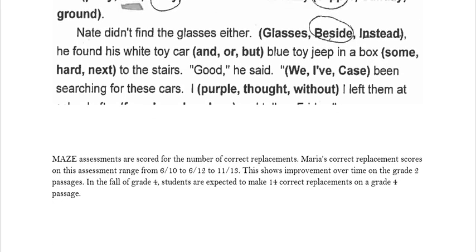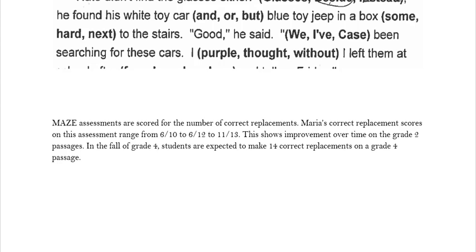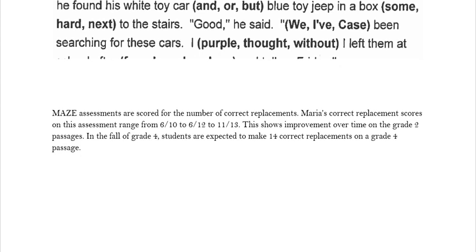Maria completed these probes using grade 2 passages. Over time, she's increasing the number of correct responses on the grade 2 passages, but she's still remaining below expectations, because what we would hope here is that on a grade 4 passage, a student would make 14 correct replacements.